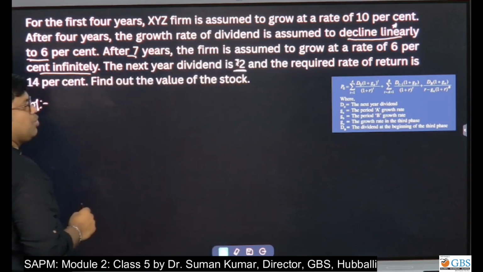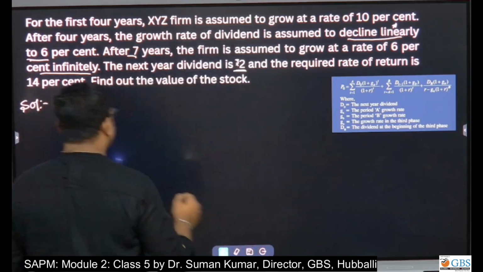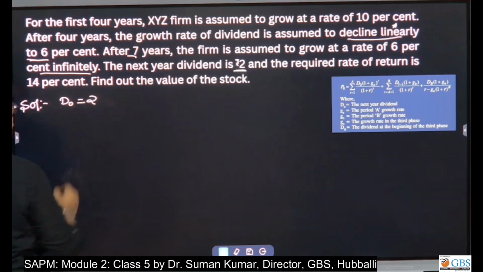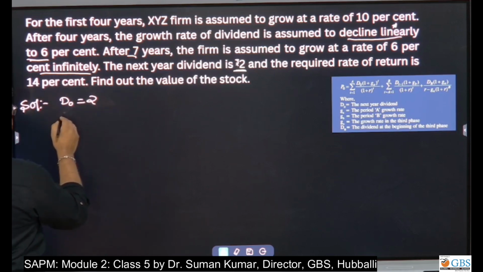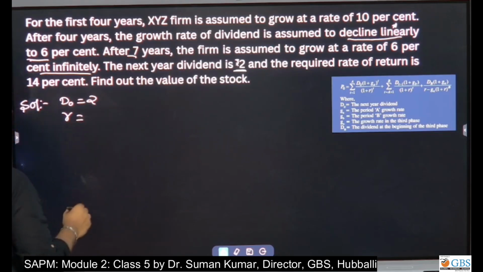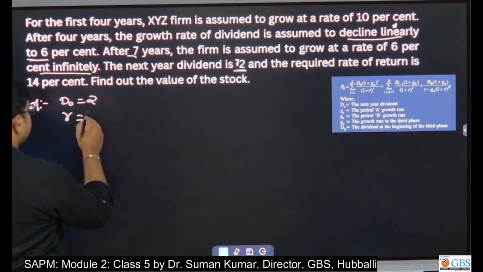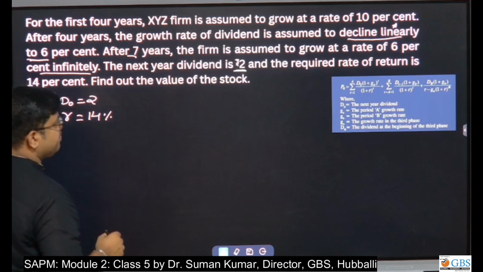So how to go about? First, we have to write down the given. Dividend D0 is rupees 2, correct? Then required rate of return, R is equal to 14%, correct? RRR.